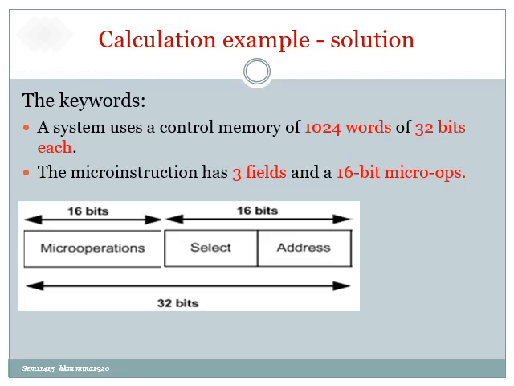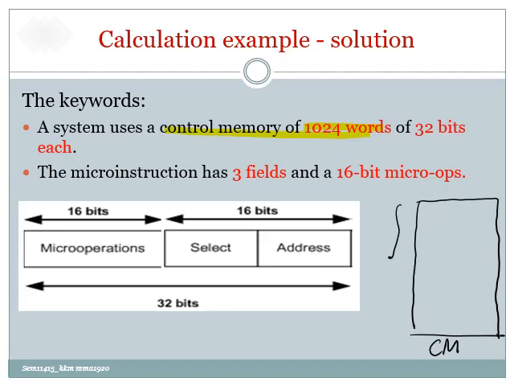First, it says control memory of 1024 words. What does it mean? Why not we draw the control memory? Suddenly, I love to draw. So we have control memory and the size is 1024 words.